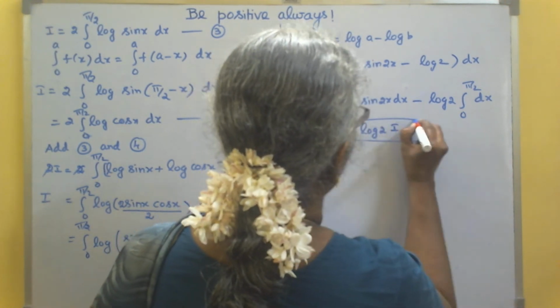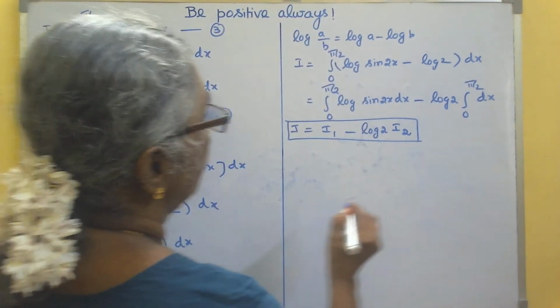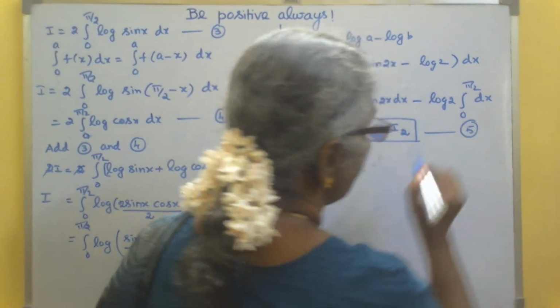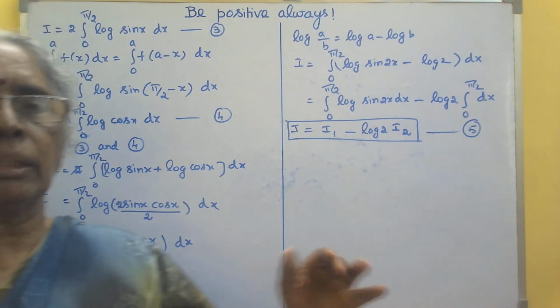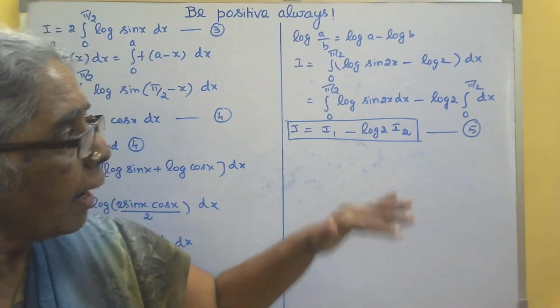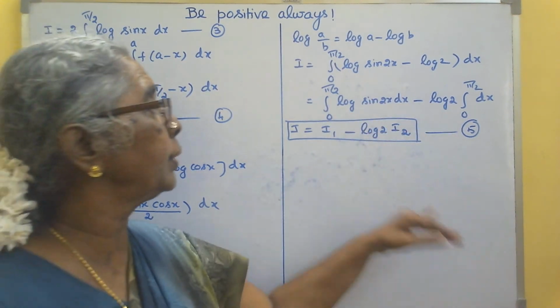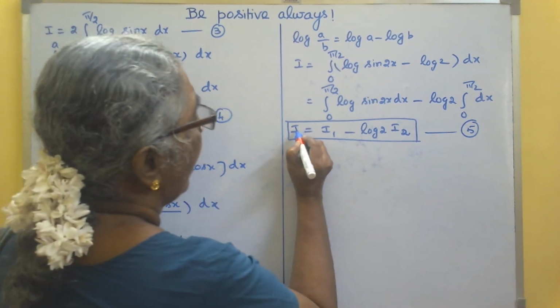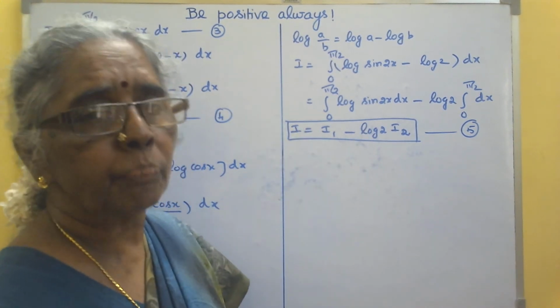So this is one main step for me. Already I have got up to 4, I will mark it as 5. If you mark like this, it will be very easy for you to proceed to the next step and then come back to the previous step and substitute that. So I is equal to I1 minus log 2 I2.